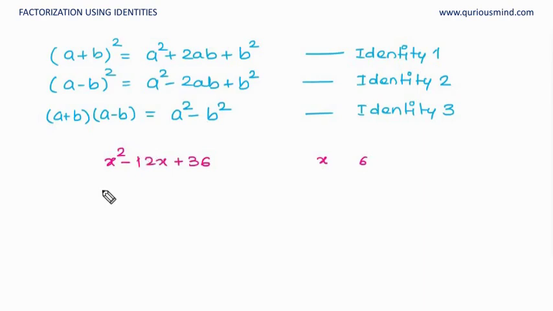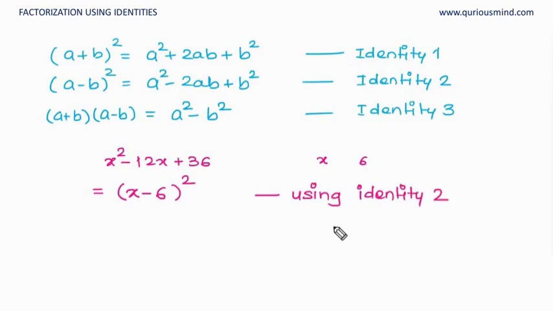That means this will be equal to a minus b, a is x, b is 6, whole square using identity 2. And hence the factors are (x - 6) and (x - 6). These are the two irreducible factors of the expression x square minus 12x plus 36.